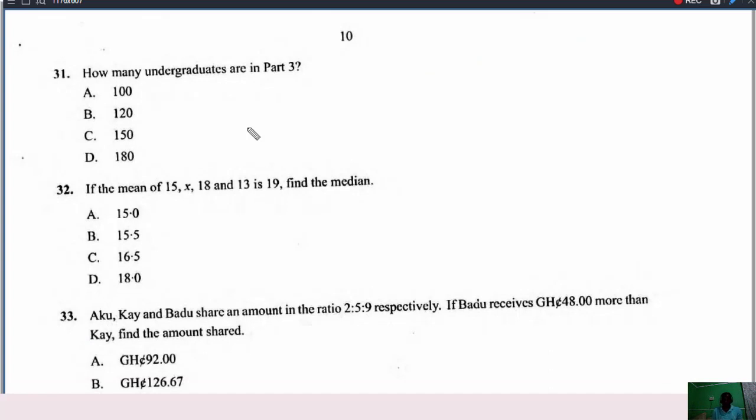So undergraduate is 900 and for part 3, the angle is 60 degrees.